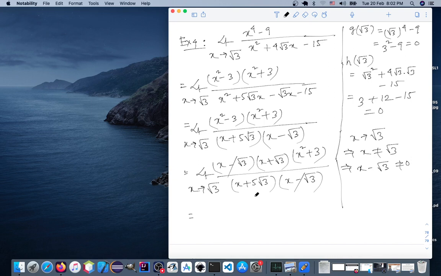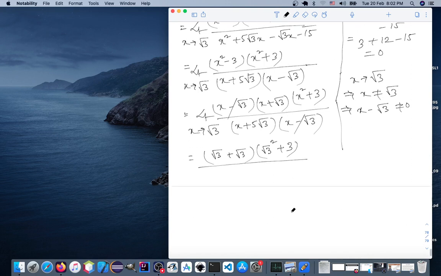We get the limiting value as root 3 plus root 3 into root 3 square plus 3, divided by root 3 plus 5 root 3.